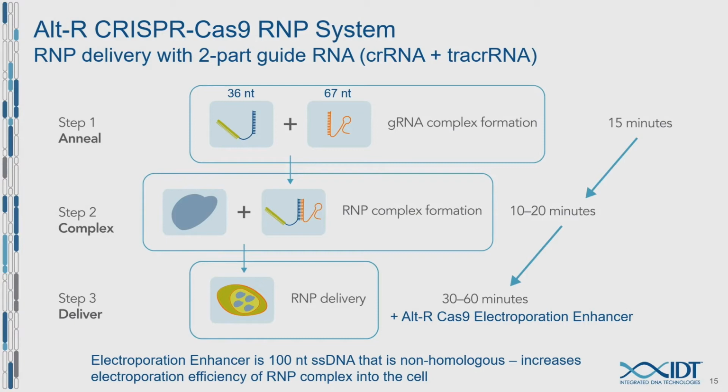Anneal that to the tracrRNA, heat that up to 95 degrees, slowly cool, and then combine that with the protein. You can do that at room temp or 37 degrees. That forms that RNP complex. And then that complex is actually quite stable. You can then directly deliver that into your cells by microinjection, electroporation, lipid, or you can actually store that in the freezer, take it out, and use it again if you're working with the same target site.